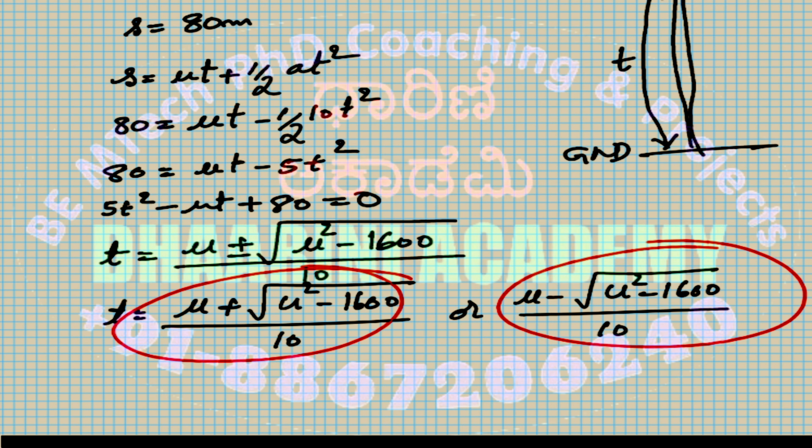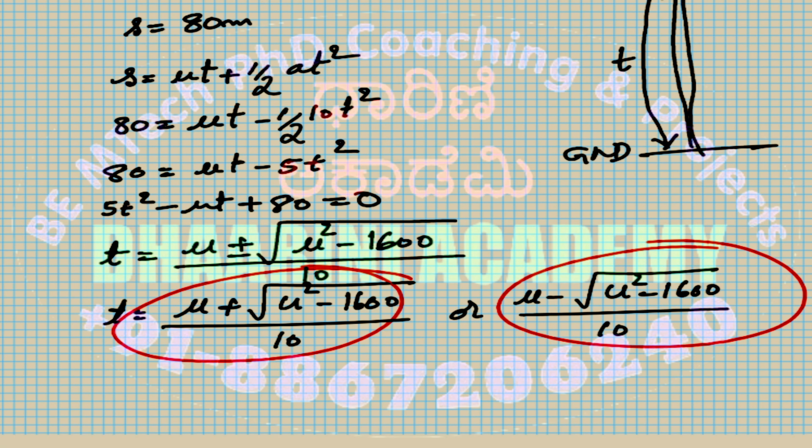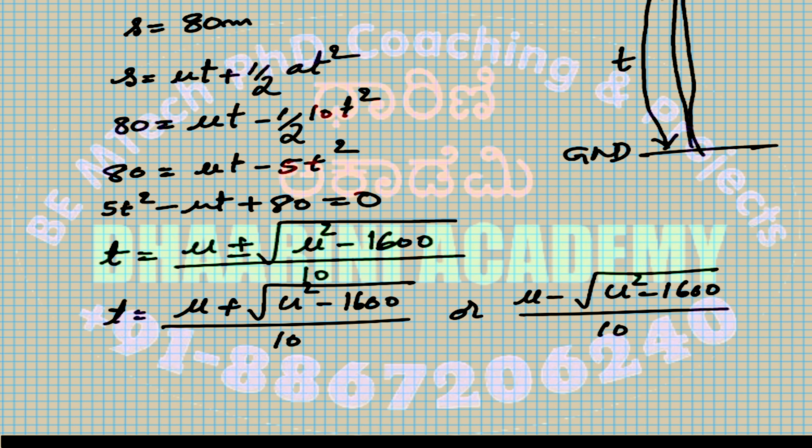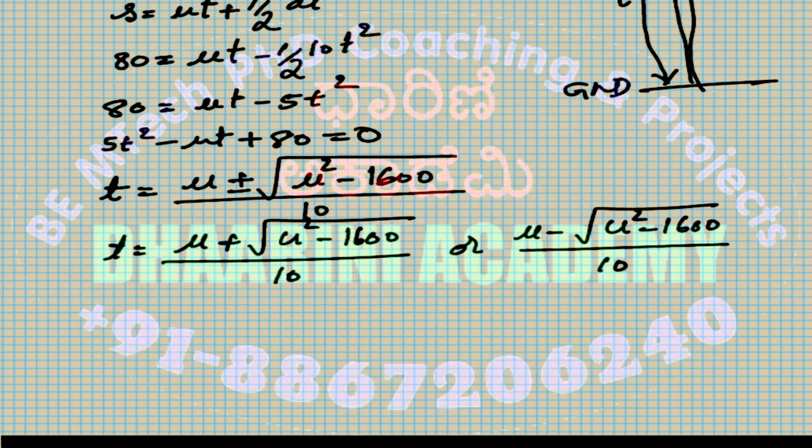They have already given you the data saying that the difference is 6 seconds, correct? The time gap between crossing 80 the first time and crossing 80 the second time is 6 seconds. So what is given? The difference is given.